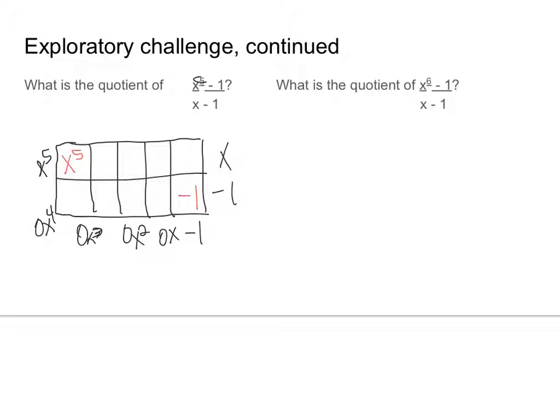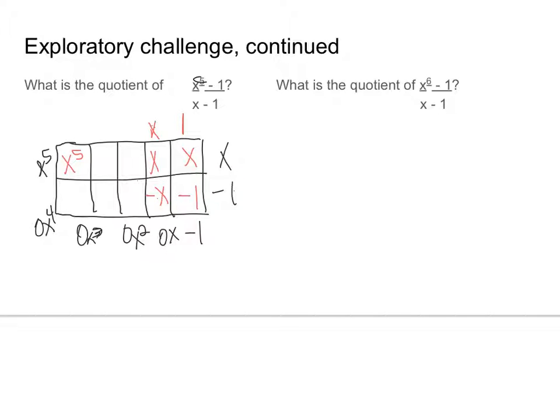So we know we always fill in our negative 1 and our x to the 5th first, and then we do some reverse math. I'm going to go pretty quick. Negative 1 times what gives me negative 1, 1, and then multiply 1 times x. Cool. To add down, if I have an x there, I need a negative x there to cancel it out, which means x times negative 1 is negative x. So those would cancel out.